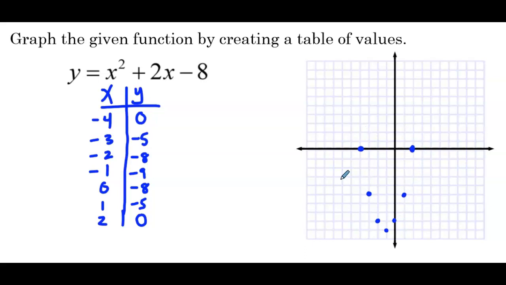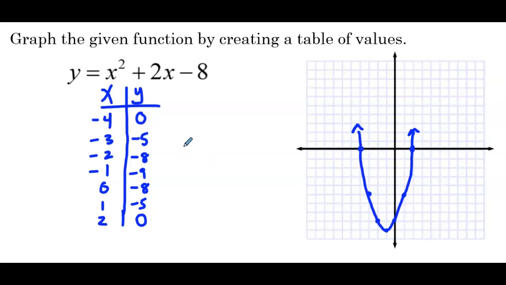So there we have the points on the graph of this function, and if we connect the points, let's fix that last side. We have the graph of y equals x squared plus 2x minus 8.